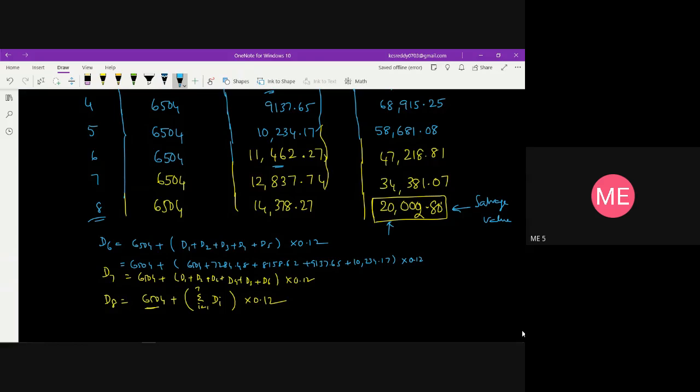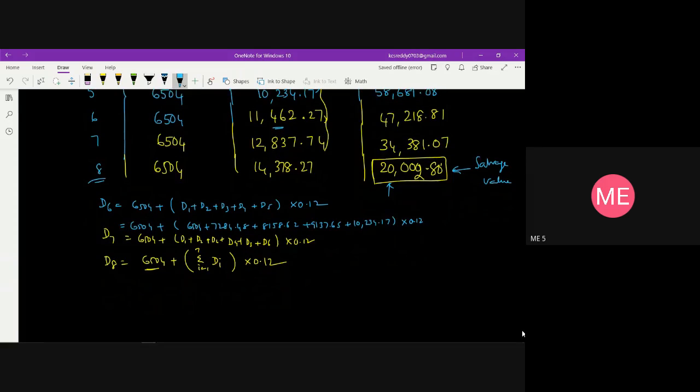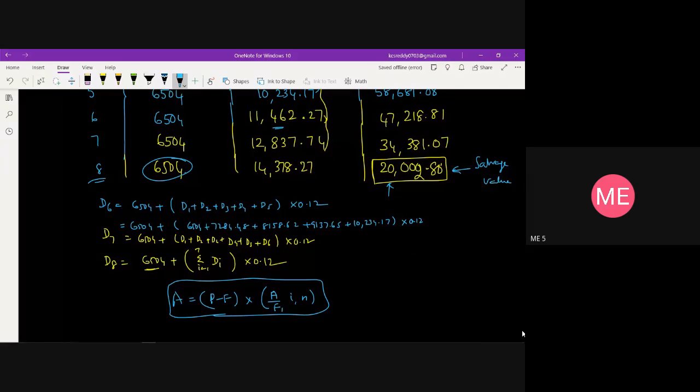In this case, first we need to calculate the annual equivalent depreciation, or fixed depreciation, using A is equal to (P minus F) into (A/F, i, N). Using this, we calculate the annual fixed depreciation, that is 6504. Then, because this depreciation is going to earn interest at the rate i, that has to be multiplied with the depreciation amount to calculate the interest, and that will be added to the fixed depreciation.